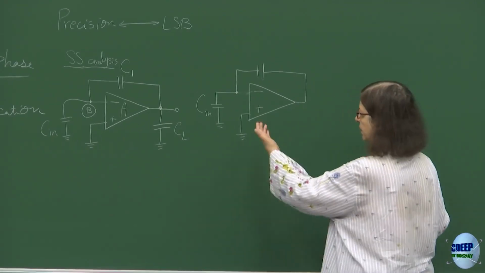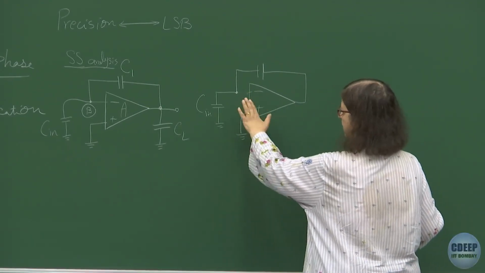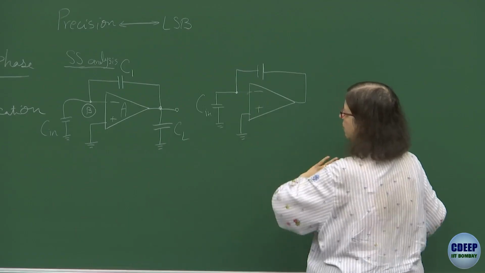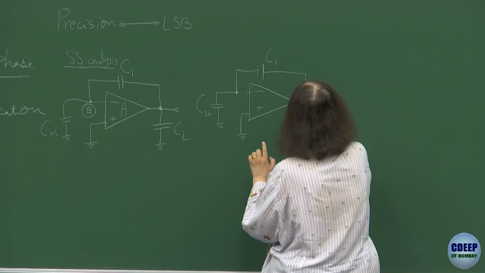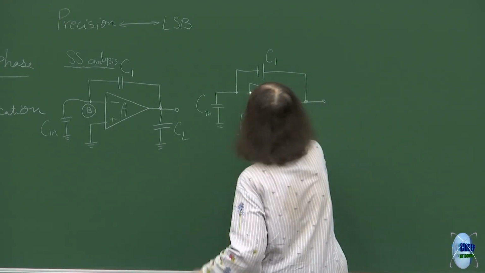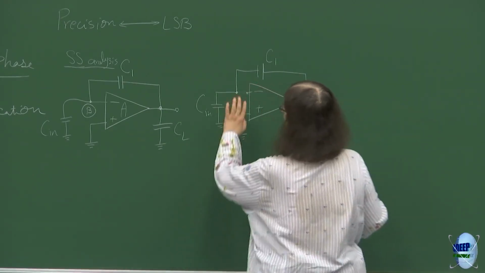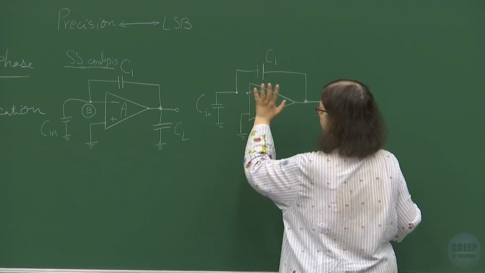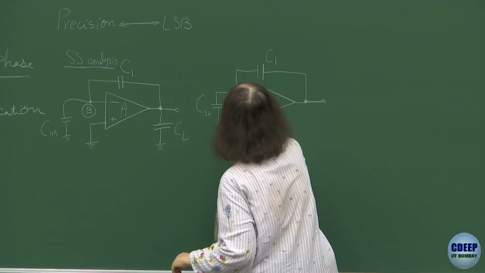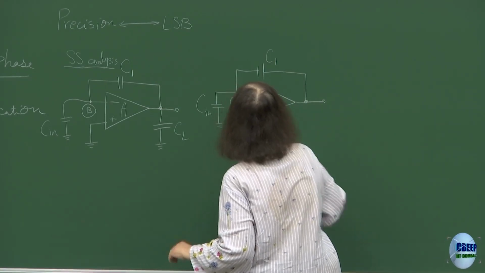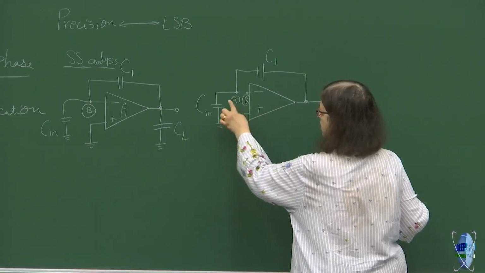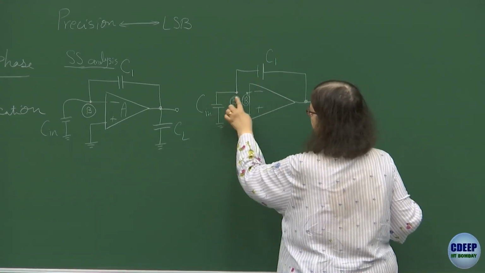Of course, removing it will make this node float, but with respect to current, it will look like this. What does that mean? Suppose there is some imaginary coupling which couples this node B to this node B dash. We want to understand how much voltage we have here.